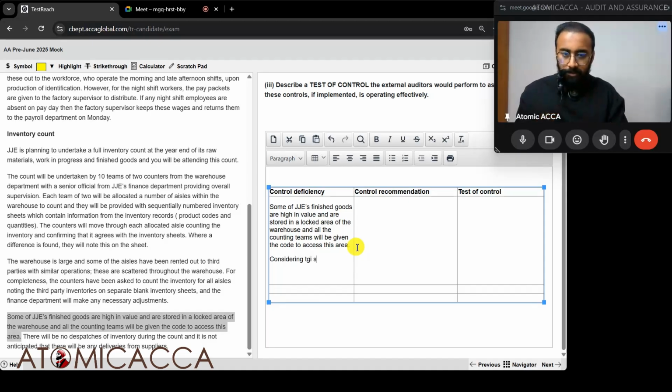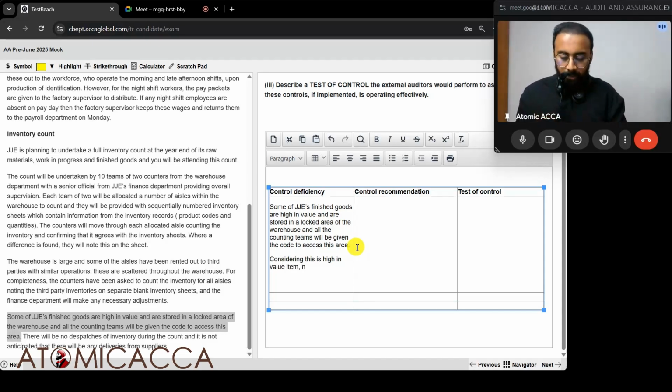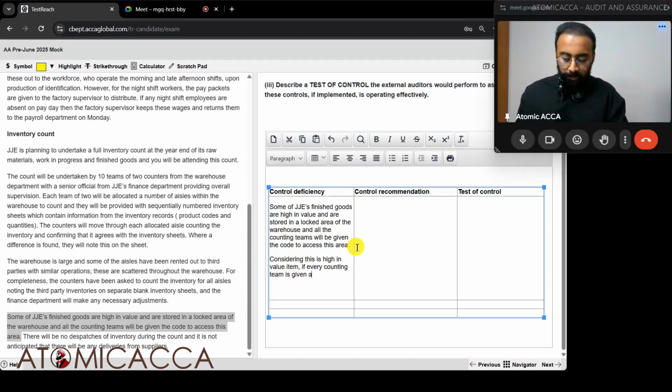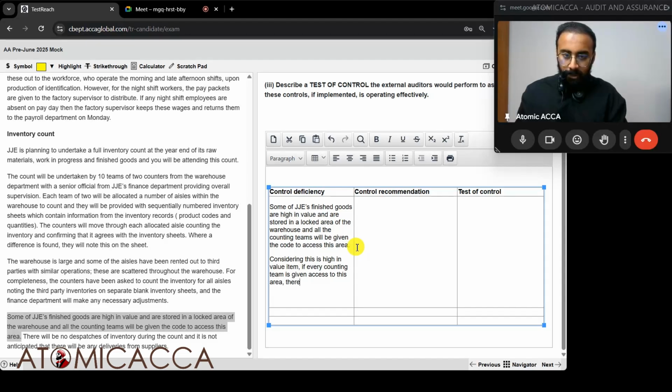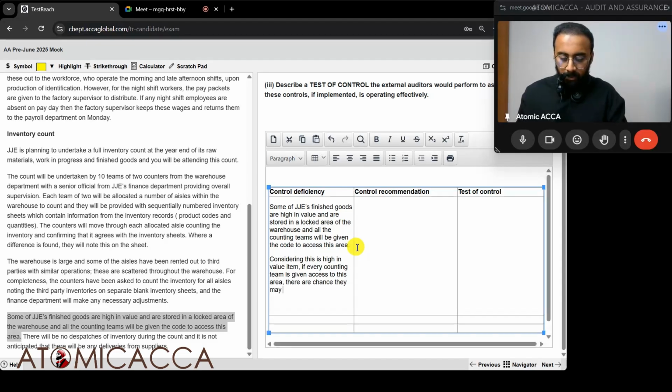Considering this as high in value item, if every counting team is given access to this area, there are chances they may misuse or utilize these assets for personal purposes.